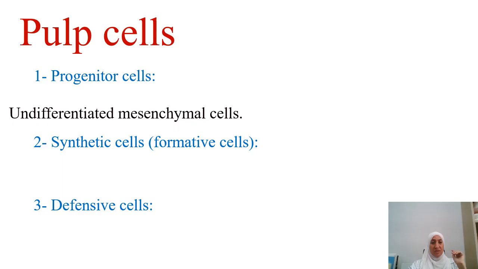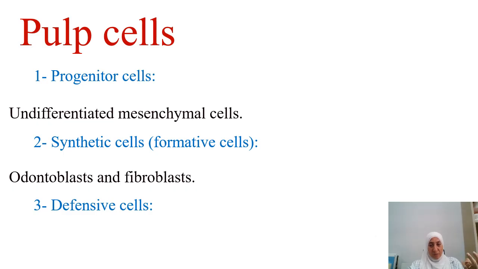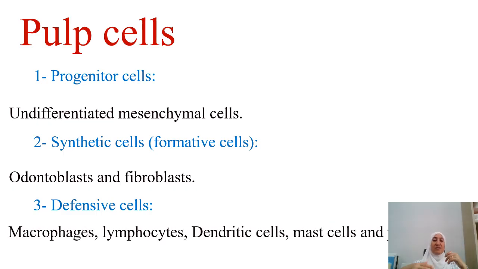The progenitor cells are undifferentiated mesenchymal cells, while the synthetic cells are odontoblasts and fibroblasts, and the defensive cells are macrophages, lymphocytes, dendritic cells, which are unique for the pulp, as we will discuss later, and mast cells. These are the defensive cells that exist actually in any connective tissue.